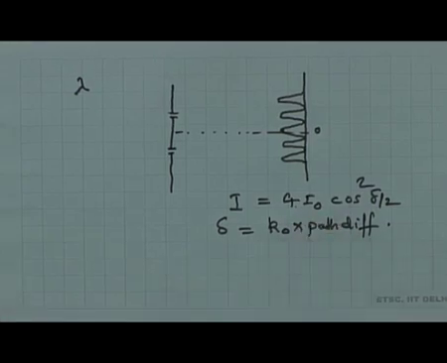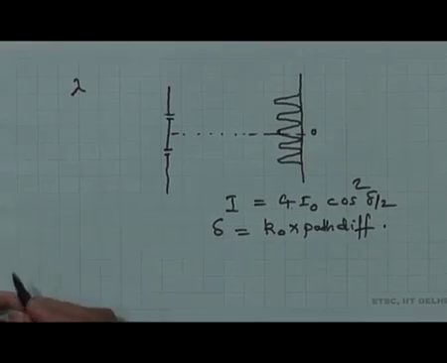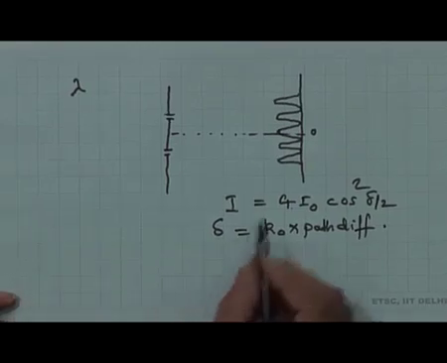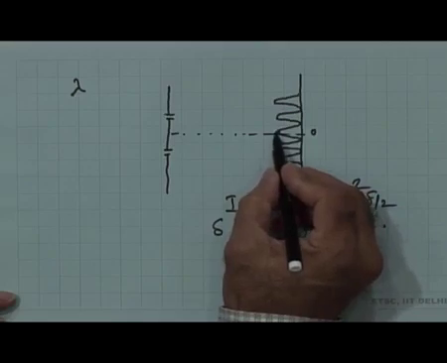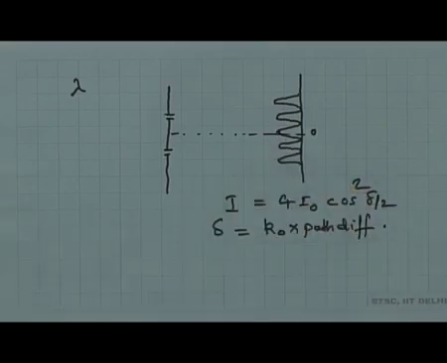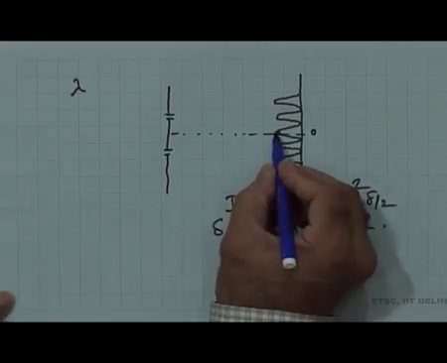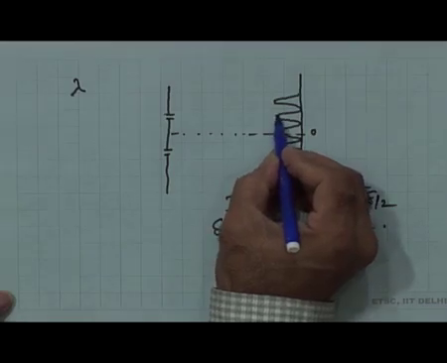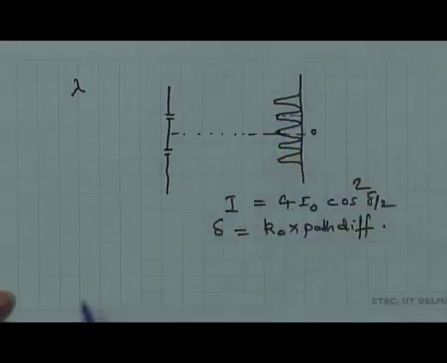Now, the question says the intensity of light at a point on the screen where the path difference is lambda. We know that at this point the path difference is 0 and at this point the path difference is lambda, which is the first bright fringe.